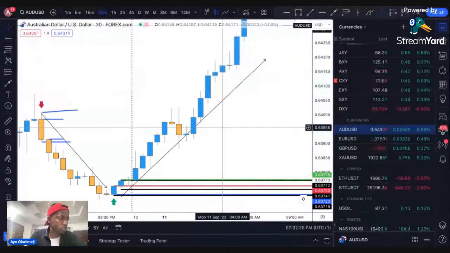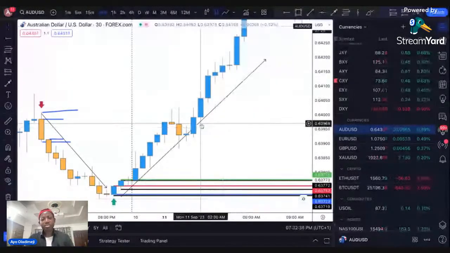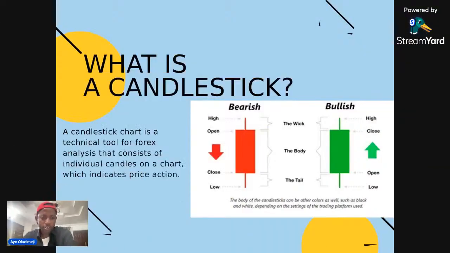Okay, so that's what candlesticks are all about. The candlestick is an indicator of price action, of what happened to price within a given period of time. It shows whether price is dropping or price is rising.